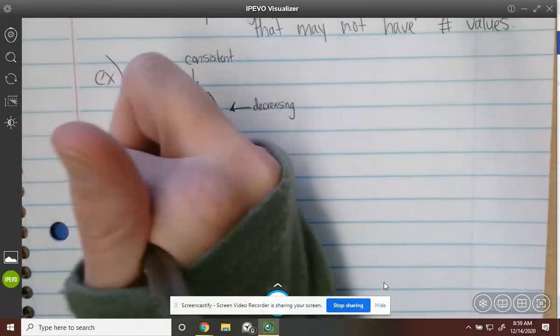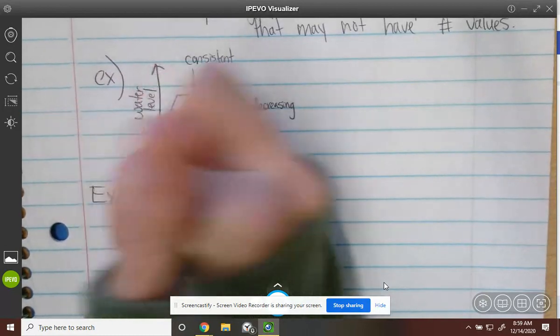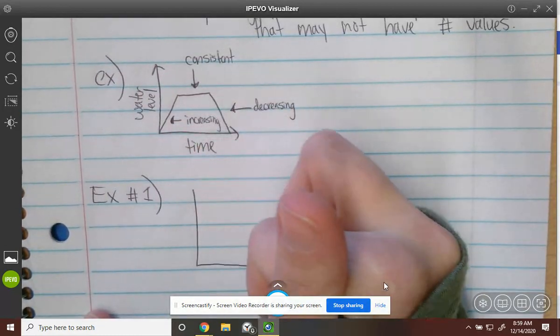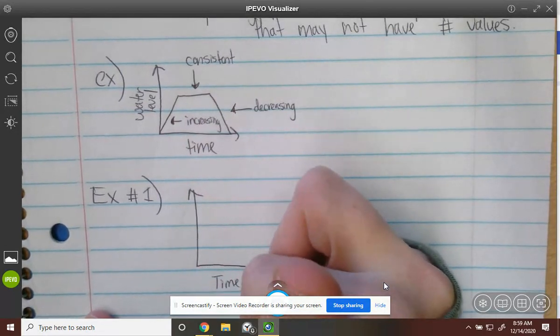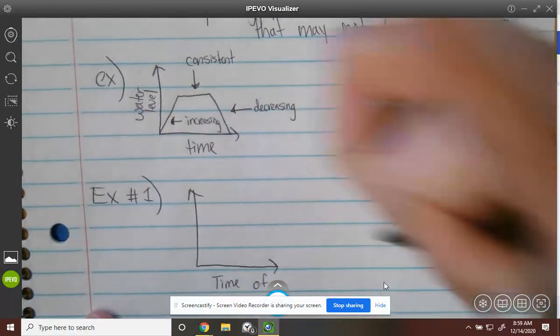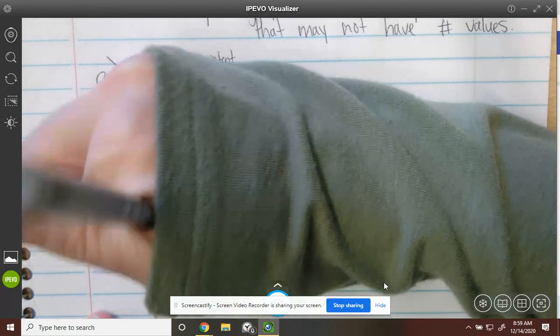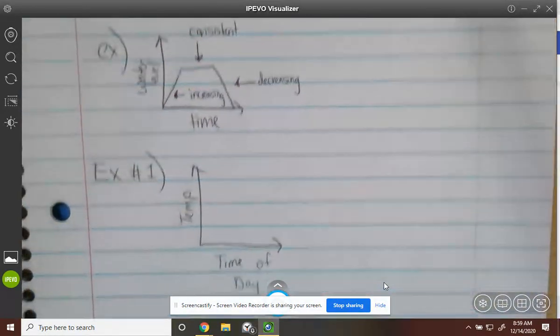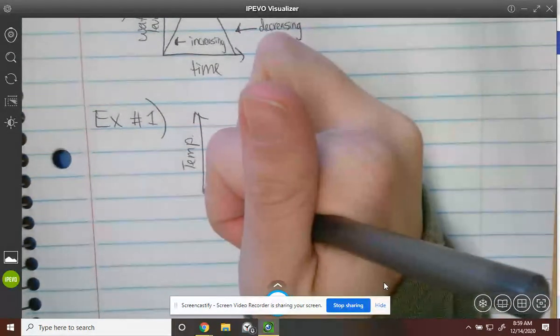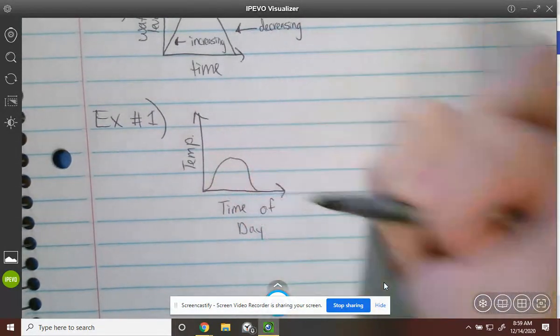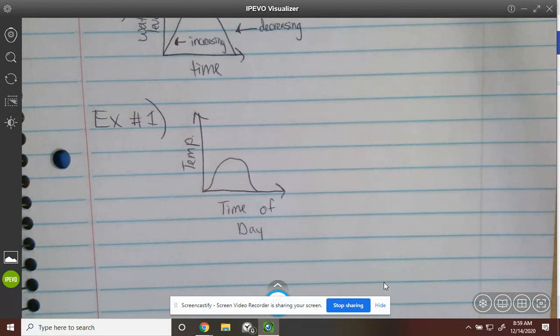So let's draw another one here. We got time of day on the bottom and temperature. There. Okay, so I'm going to draw the graph and you are going to tell me what's happening on the graph.